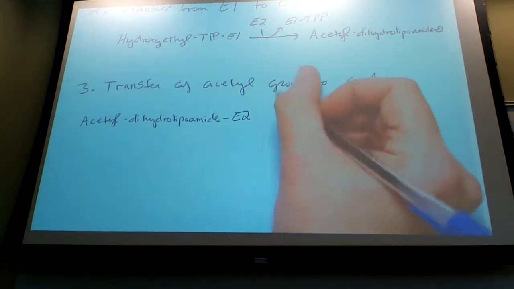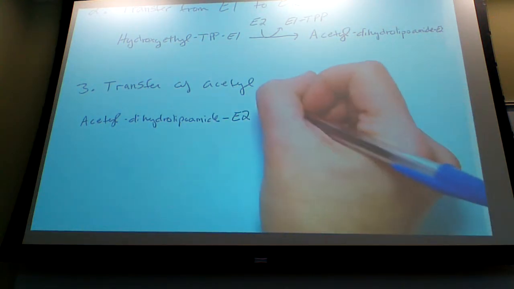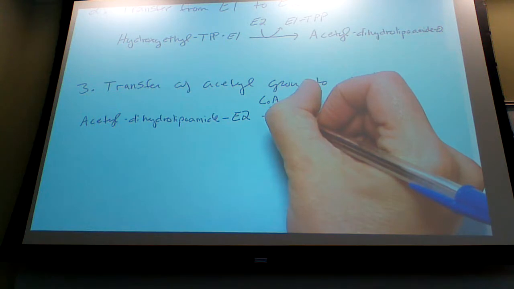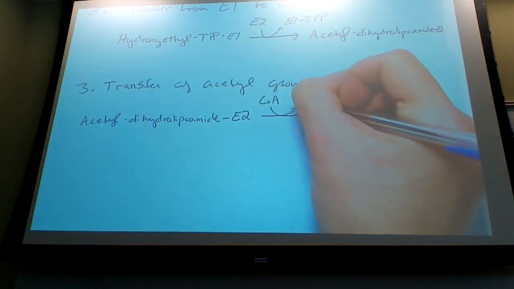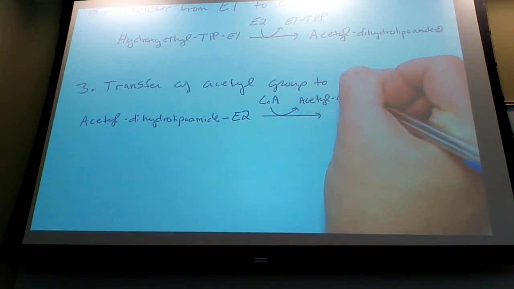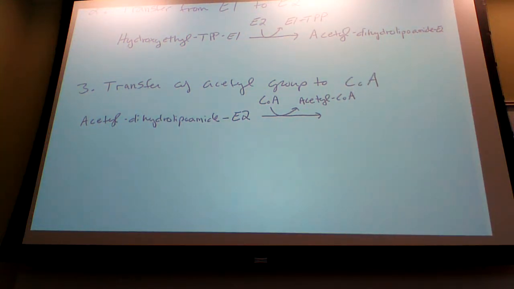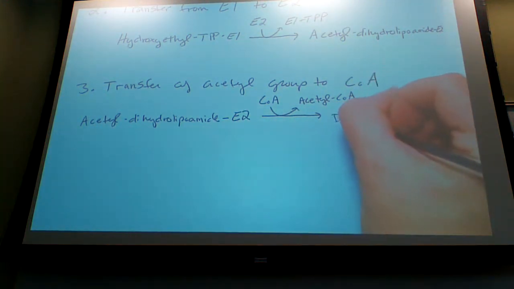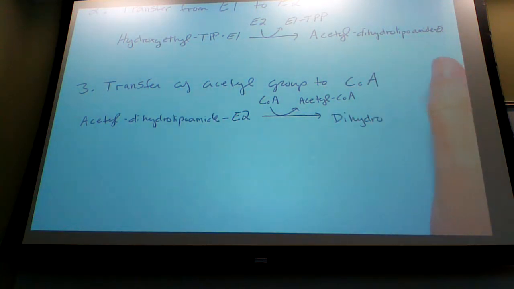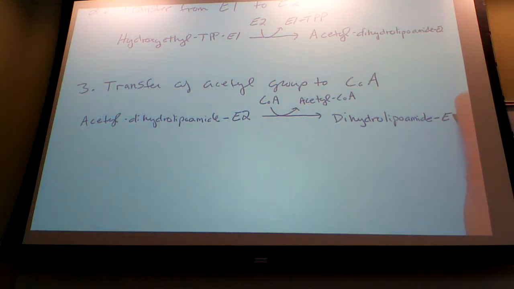And then I have a coenzyme A coming in. And acetyl coenzyme A is going to leave. And I'm left with a dihydrolipoamide. This is just for E2.